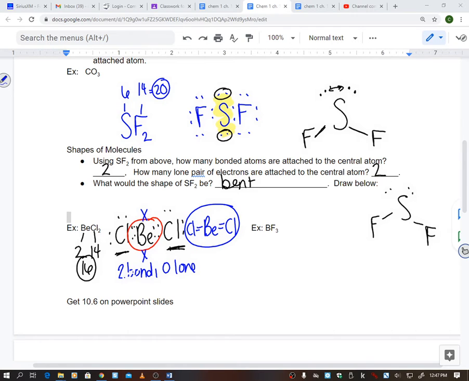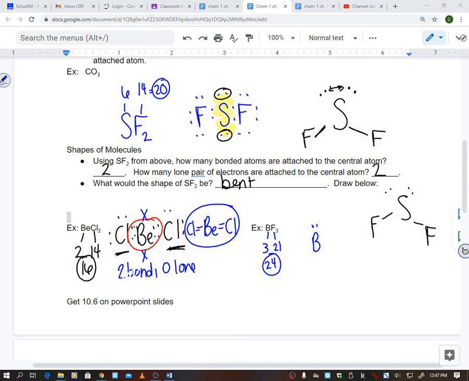All right, let's do the next example. We have boron. So if you find boron on your periodic table, you see that it has 3 valence electrons. Fluorine has 7 valence electrons, but there are 3 of them, so that would be 21. So altogether, there are 24 electrons. All right, now let's put my boron here.